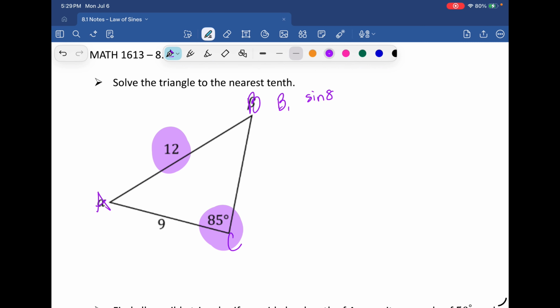Sine 85 degrees over 12 equals sine B, because I'm trying to find the angle, over 9. Cross multiply. Divide by 12. And take the inverse.